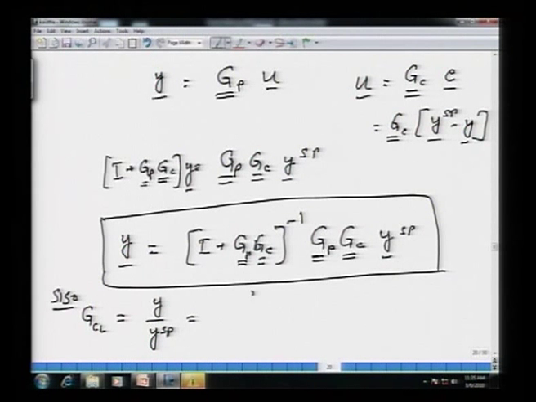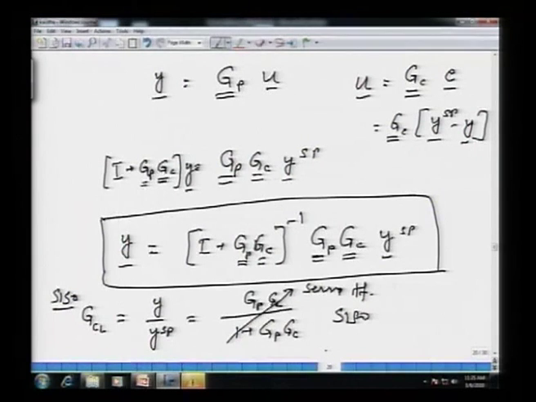It used to turn out to be GPGC over 1 plus GPGC, and we used to refer to this as the servo transfer function for a SISO system. For a multivariable system you have something similar, but there is nothing like a denominator, so what you have is the inverse of a matrix: I plus GPGC inverse is equivalent to 1 by 1 plus GPGC.